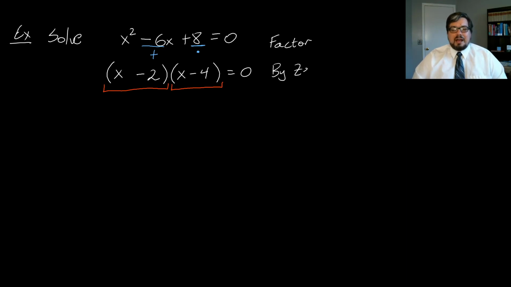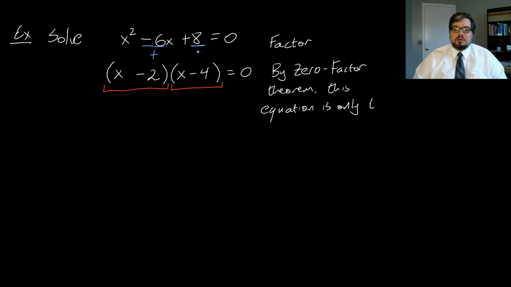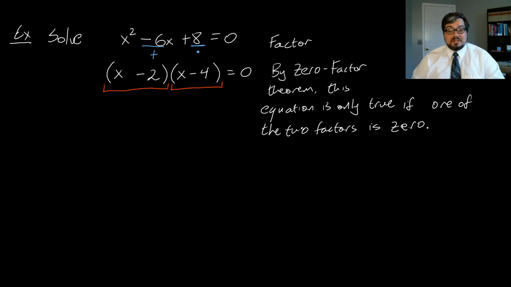By the zero-factor theorem, this equation is only true if one of the two factors on the left is 0. In order for x minus 2 times x minus 4 to be 0, one of those must have been 0 to begin with. So that's what we can go to next.